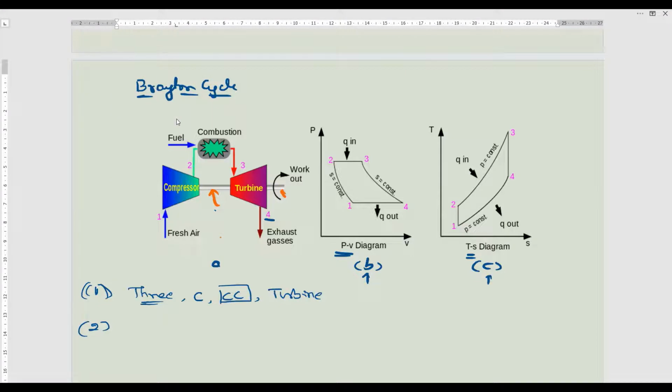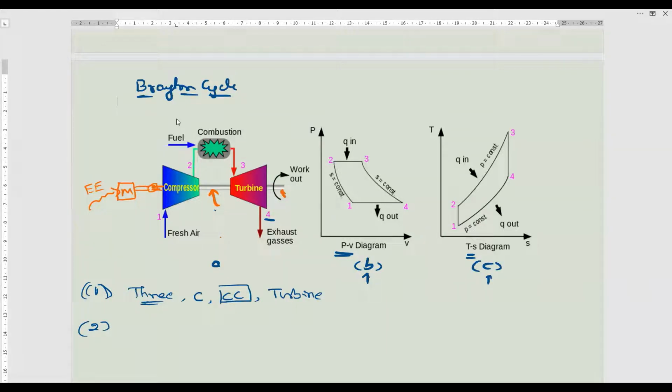Initially, we need to supply electrical energy to a motor. This motor converts the electrical energy to mechanical energy at the shaft. That shaft is connected to the compressor, for the start of the engine, the start of the cycle.